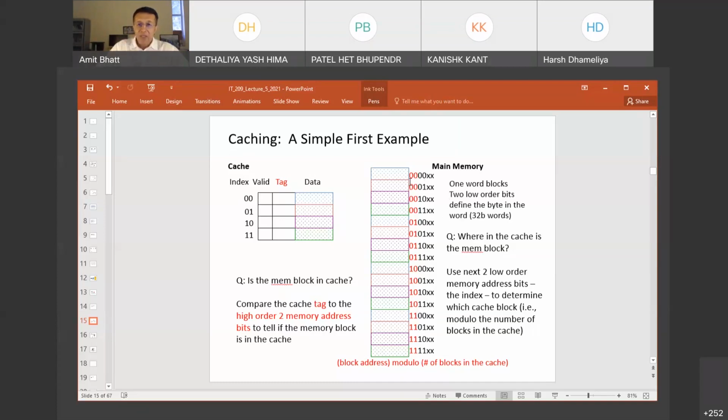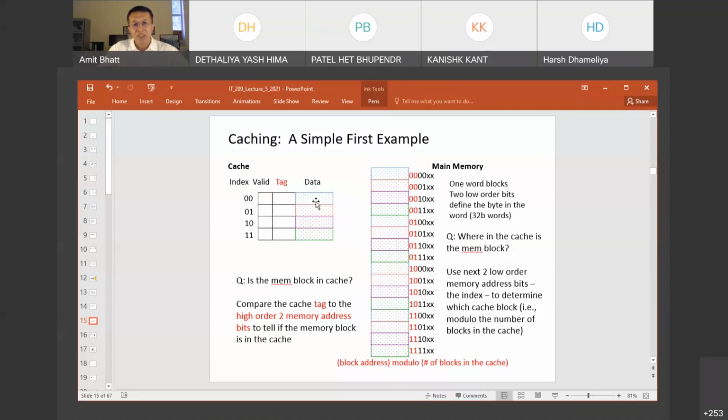Now you may say, my processor has asked for a memory address, say 0100. Probably there is some instruction or data in 0100. My processor knows only cache. It does not know main memory. So it will come to location 00, and it says, oh, there is something in there.